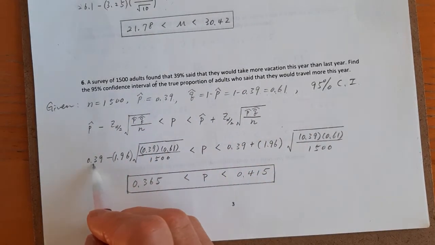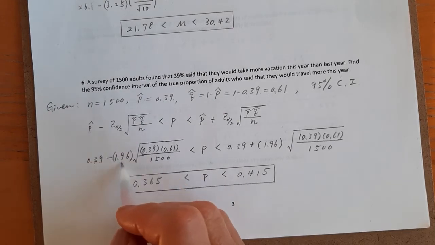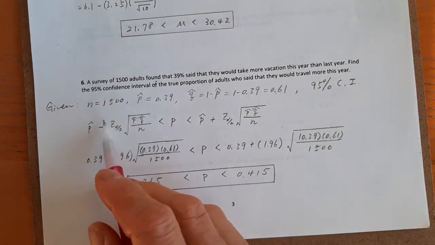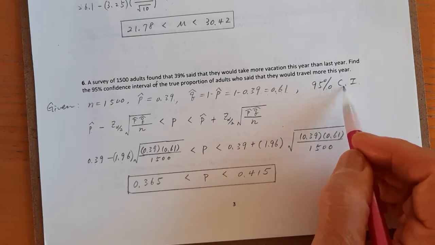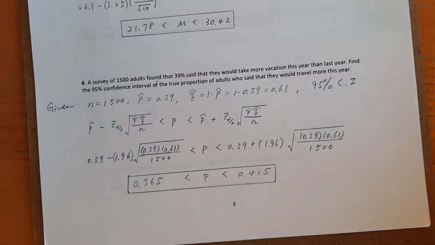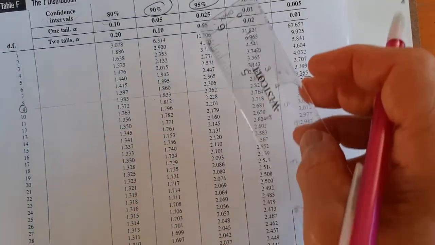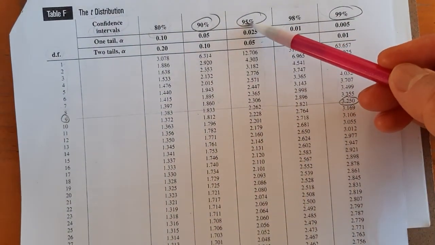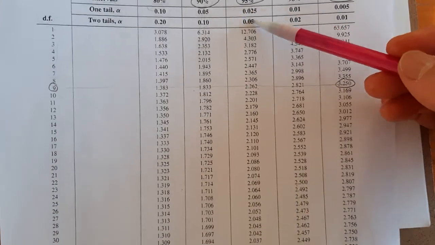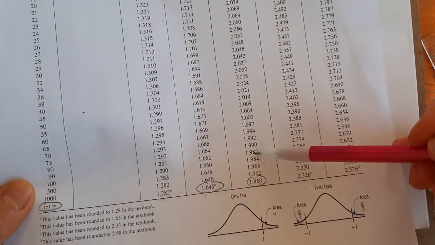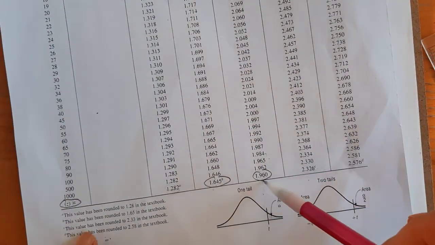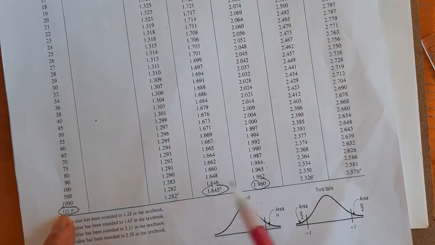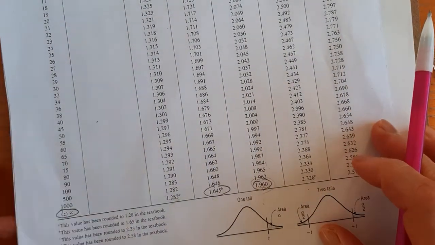Plug into this formula: p hat is 0.39, minus z score. For a 95% confidence interval, find the z score at the bottom: z score is 1.96.